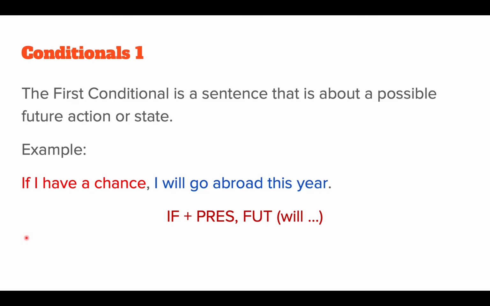There are more than three, but we're going to focus on the three most important types of conditional. The first conditional, the second conditional, and the third conditional. There is the zero conditional and there is the mixed conditional, but I prefer not to concentrate on them right now.